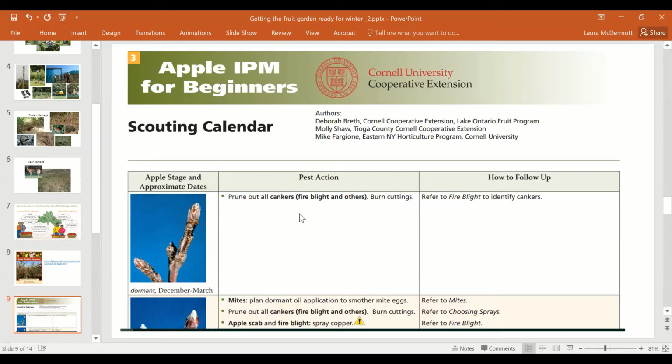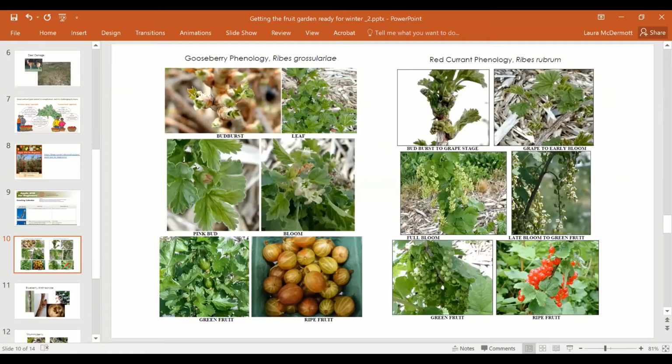So pruning out all the cankers, whether it's fire blight, whether it's another kind of canker, and burning the cuttings, that is your pest action at that stage of the plant. And it goes right down through and talks about every single one. So I would strongly recommend you take a look at that if you're growing apples.